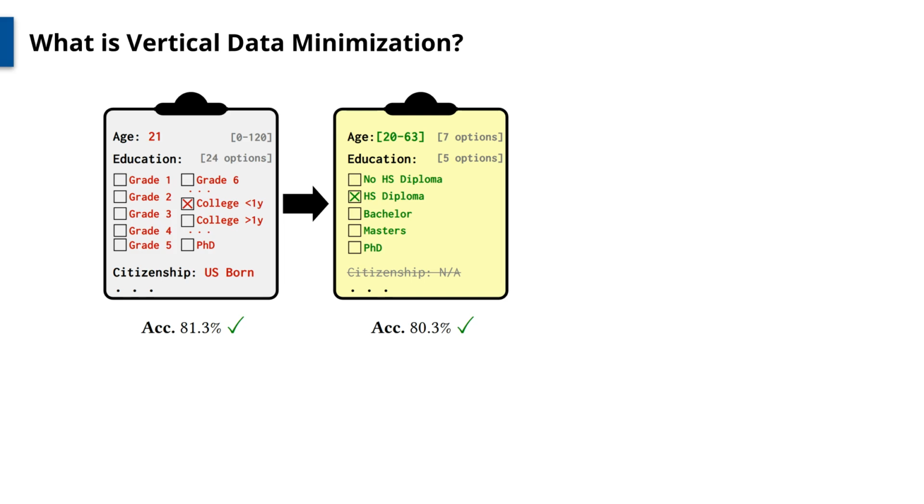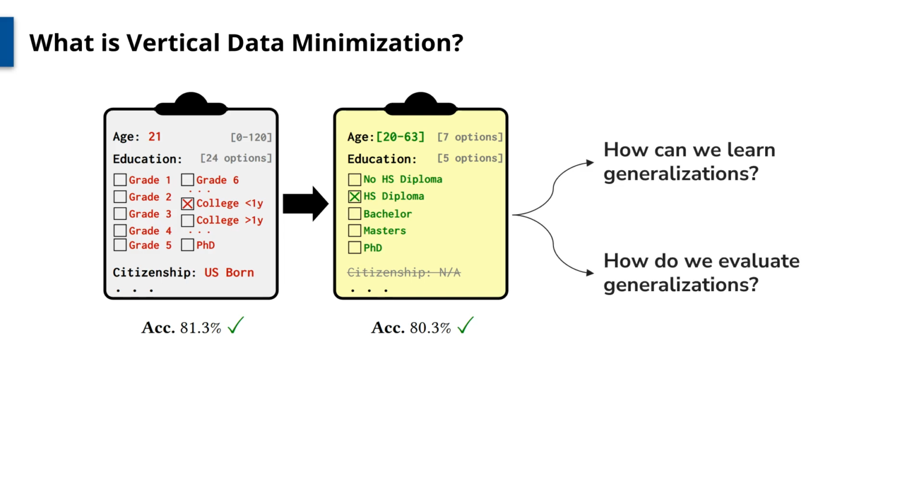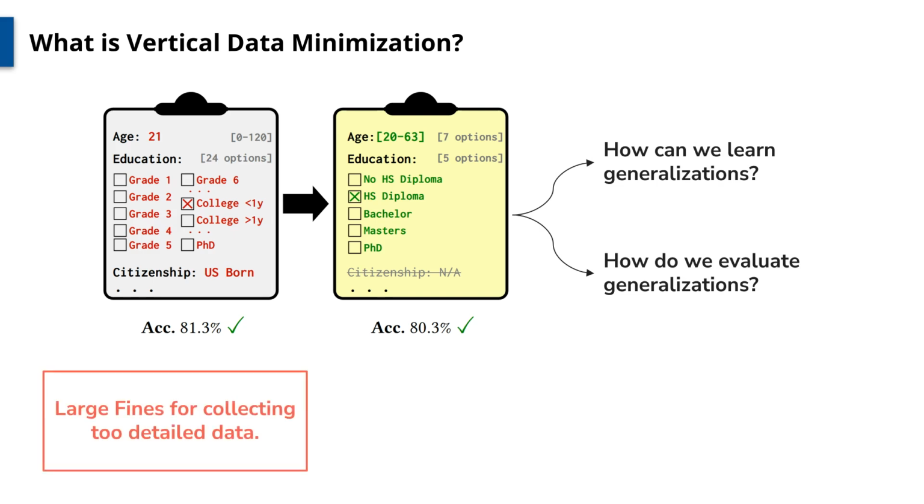However, the resulting downstream accuracy is only dropped by 1%. This raises 2 key questions. How can we learn such generalizations? And how should we evaluate these generalizations? This is particularly relevant as data minimization related fines have reached several million euros across several lawsuits.